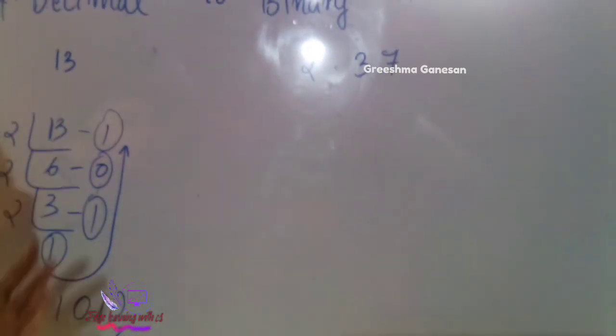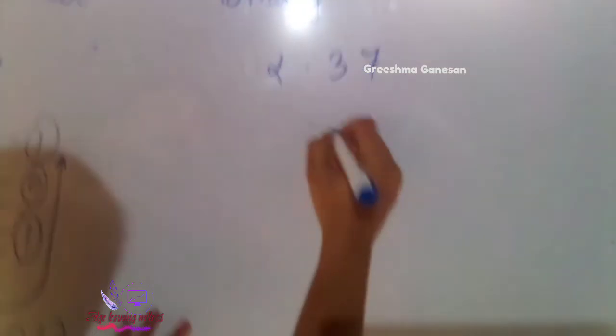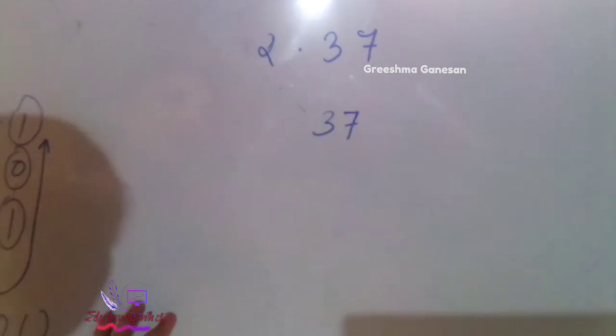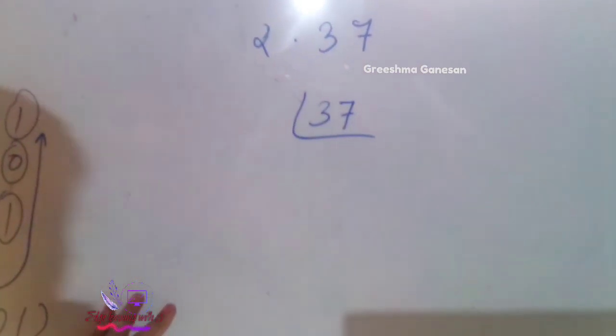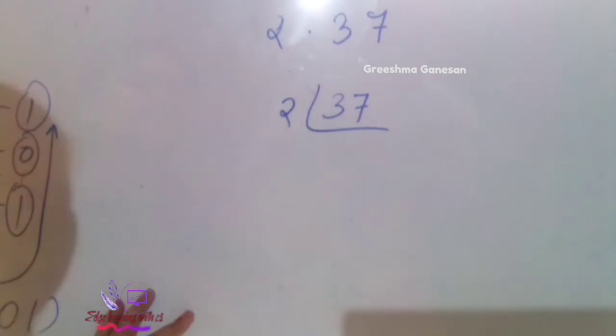We can have the second example. Question is 37. I am rewriting the question again. Then I start dividing 37 by 2.